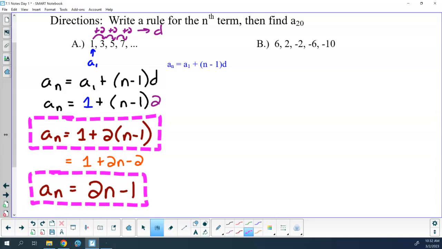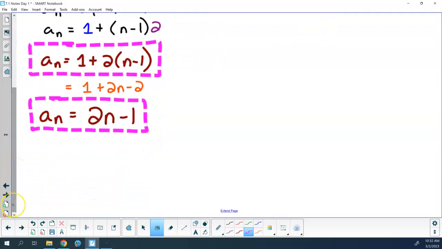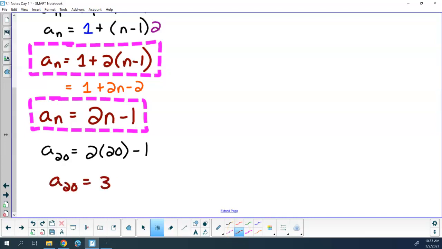Okay. Now that I have the rule, now I need to find the 20th term. So I'd have a sub 20 equals 2 times 20 minus 1. 2 times 20 is 40. 40 minus 1 is 39.